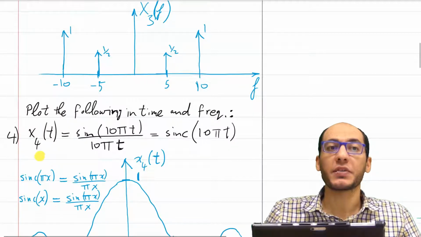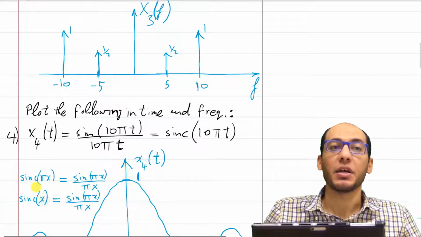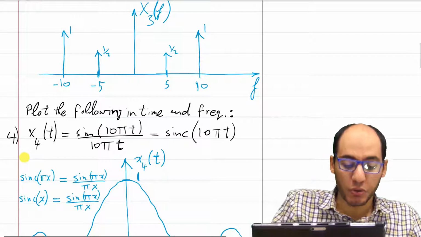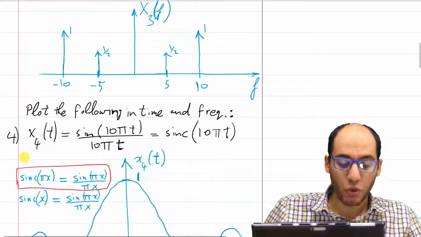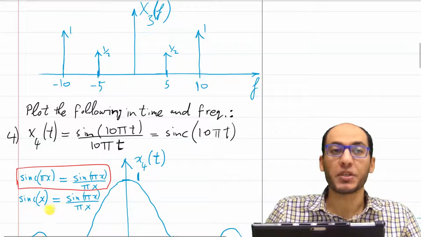We have x4 of t is equal to sinc of 10 pi t. What is the sinc function? The sinc function is defined as sinc pi x is equal to sine pi x over pi x, and that's the definition that we're going to be using. Why? Because there is another definition which comes from signal processing people.